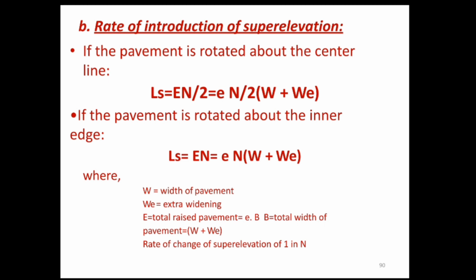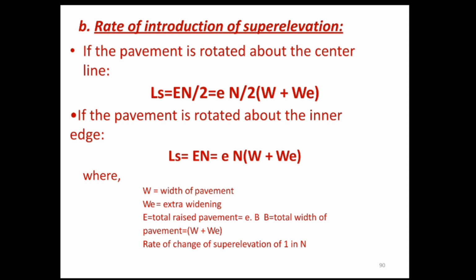So the total rising of the pavement with respect to the inner edge will equal E into B, that equals E into the bracket W plus WE, as we know B equals W plus WE. Hence, E into the bracket W plus WE equals capital E, that is the total raised pavement.